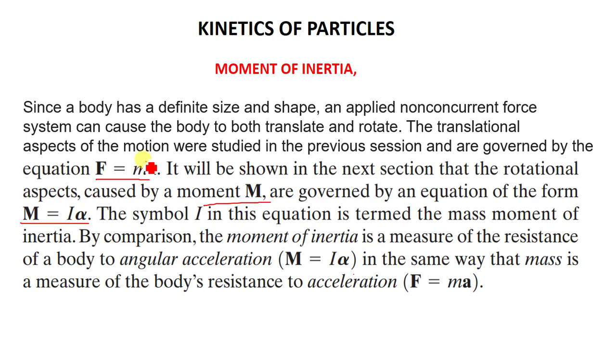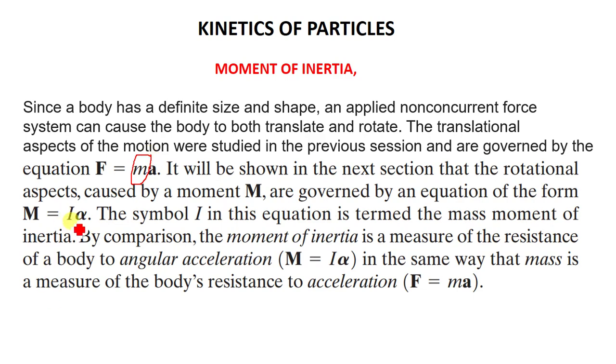If you remember very well, in the previous session we said this M can also be called the moment of inertia of a body, because it's just the resistance of an object to the change in its translation acceleration.